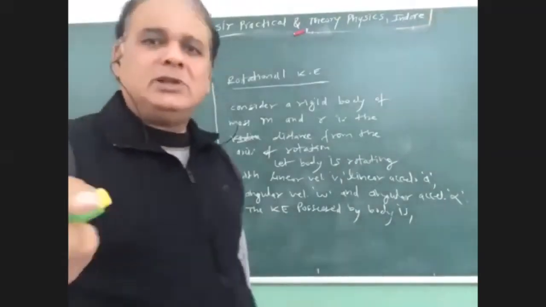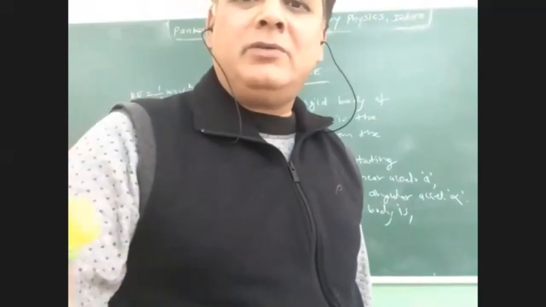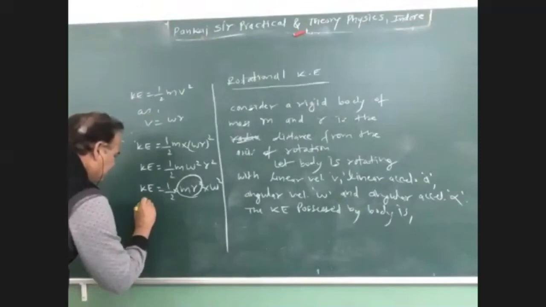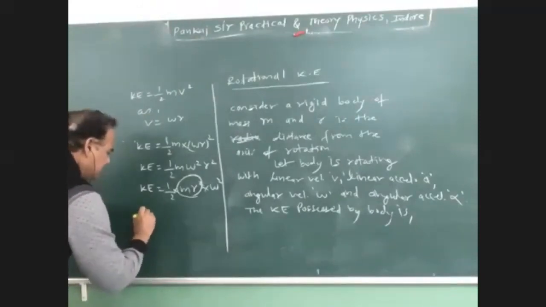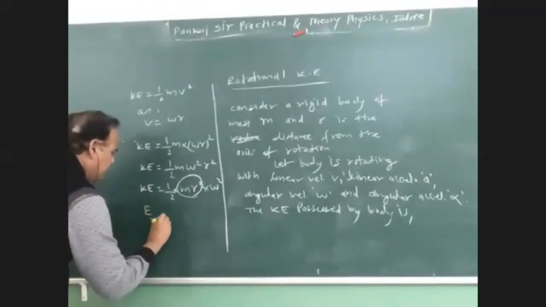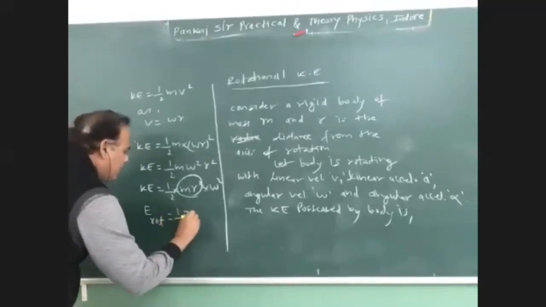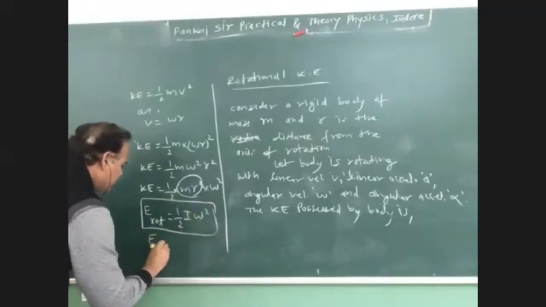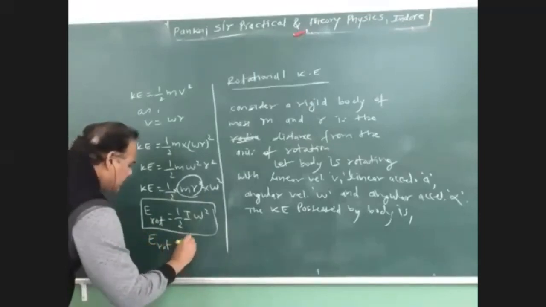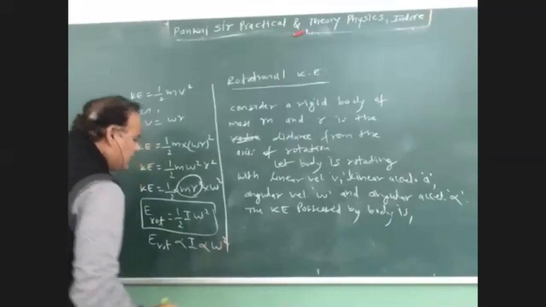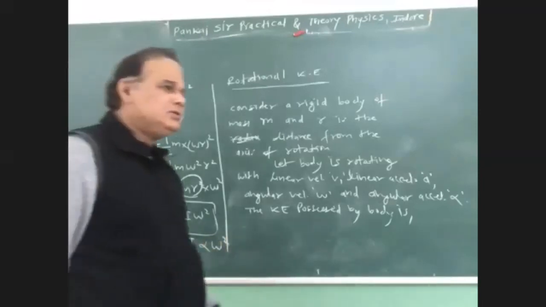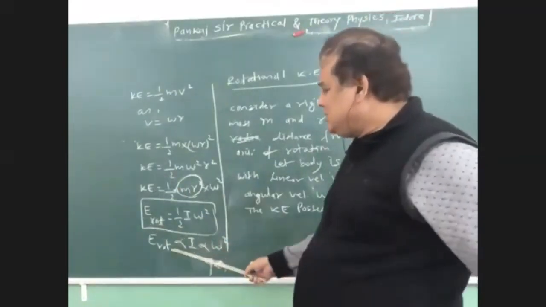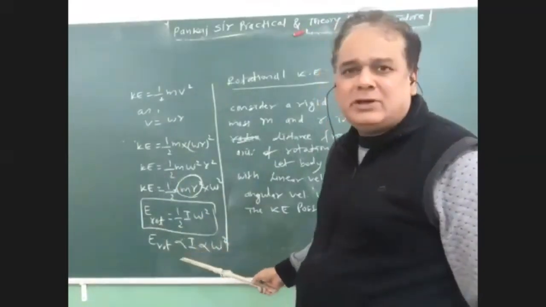m r square is nothing but moment of inertia. So this is now the kinetic energy E rot. E rot means E rotational is half I omega square. It means rotational kinetic energy is directly proportional to I and directly proportional to omega square. So look here, it is clear now. The kinetic energy also depends upon moment of inertia.